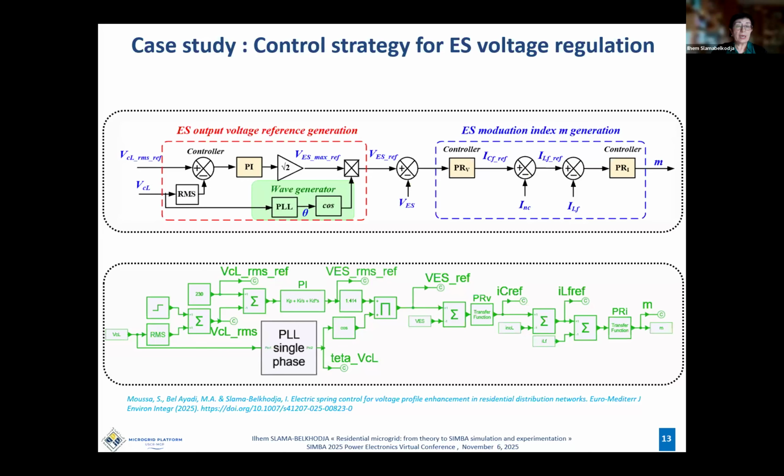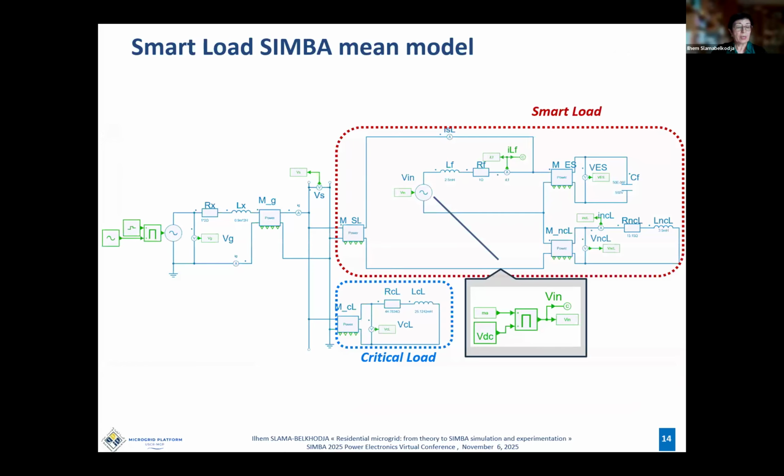This schematic diagram is the same as the one reproduced with SIMBA. The first simulations were performed using an average model of the DC-AC converter of the electrical spring. In this case, the control provides the voltage that must be generated by this converter.